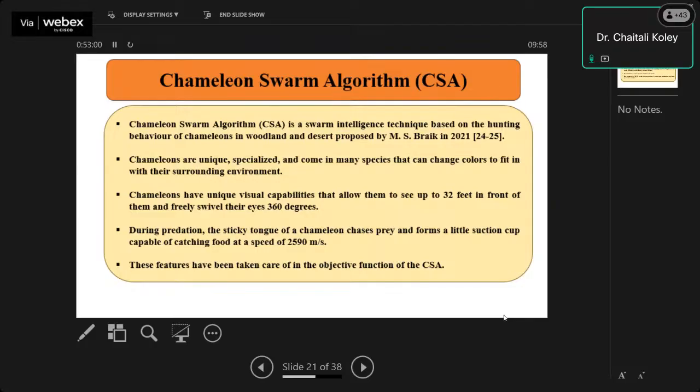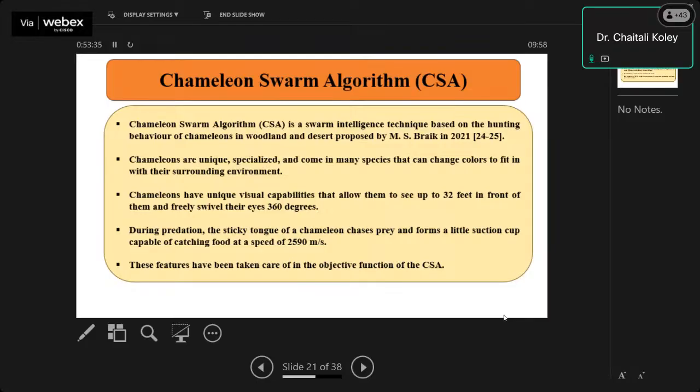As we know, chameleons are quite unique and specialized species which can change their color to fit the surrounding environment. Chameleons also have a unique visual capability: they can see up to 32 feet in front of them, and they can turn their eyes 360 degrees.